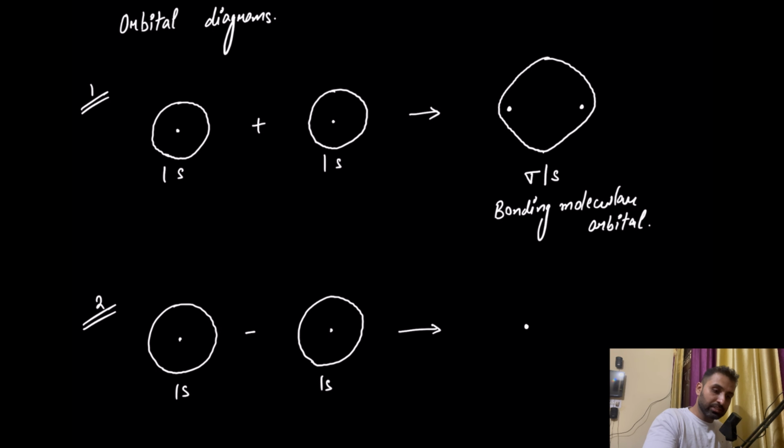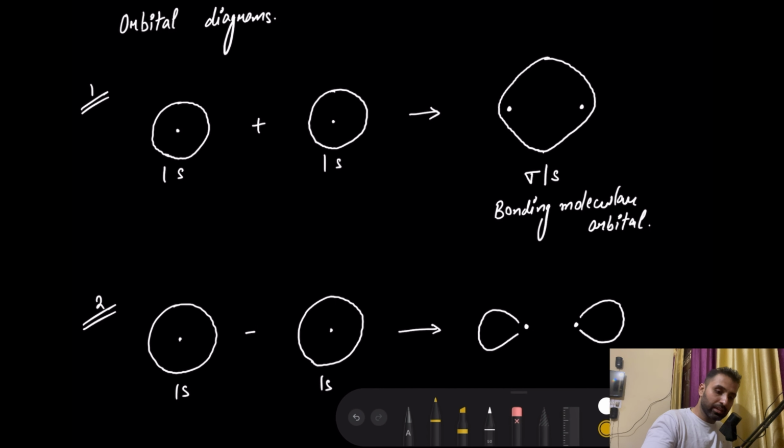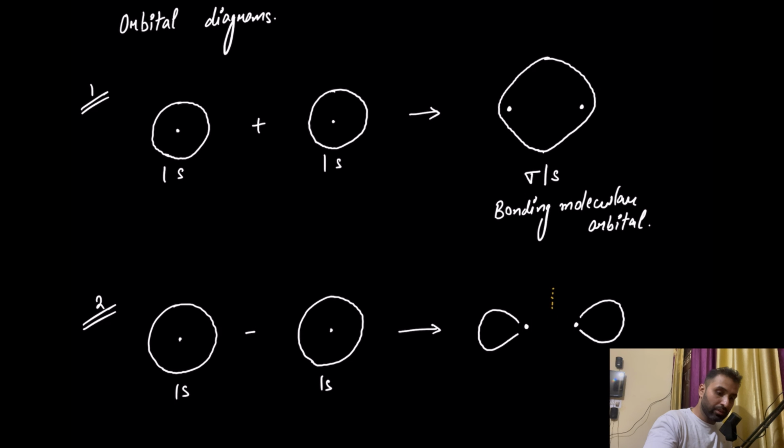Now that's the nucleus of the first atom, that's the nucleus of second atom. We got the lobes over here and over here. In between, we got the nodal plane.